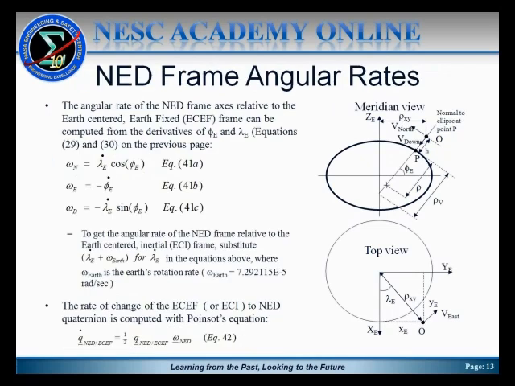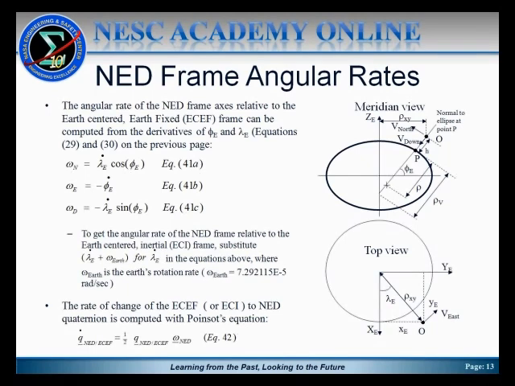Also, you can compute the rate of change of the angular rates of the northeast down frame, because keep in mind this northeast down frame moves along the surface of the oblate spheroid as the object itself moves around. So then the orientation of that frame is not fixed, as defined earlier when we showed the quaternion for how to compute it, but yet it actually moves, or rotates, as the vehicle moves.